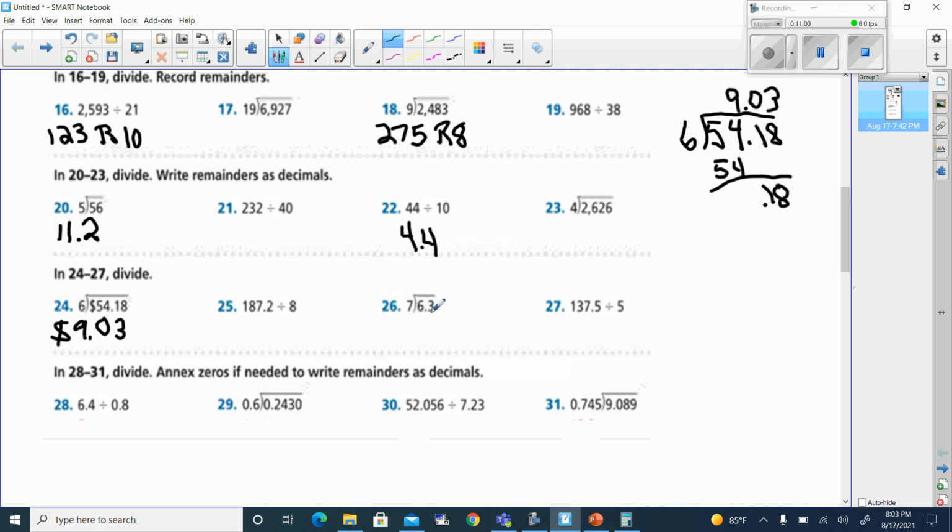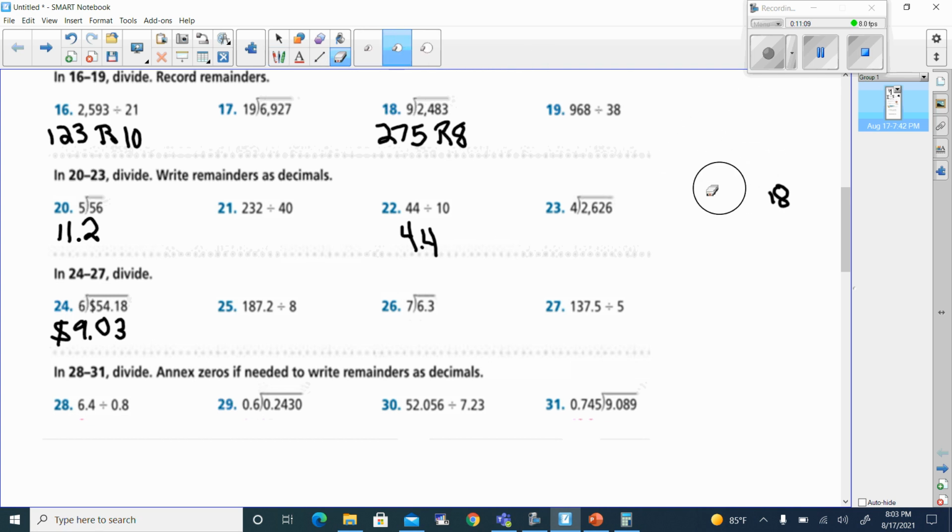All right, let's try this one. Number 26, we got 63 divided by 7. Well, I'm sorry, this is 6.3 divided by 7. That's a big difference. I can see why they did this one. We know that 63 divided by 7 is 9.